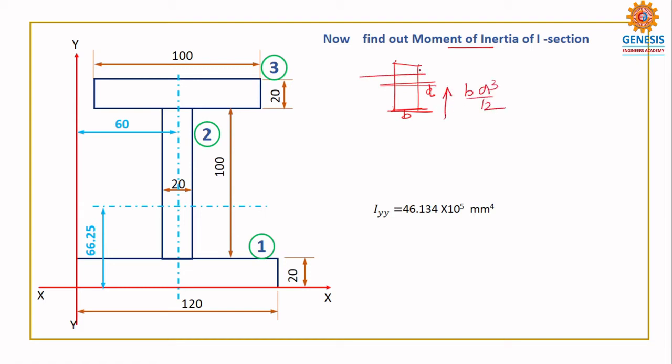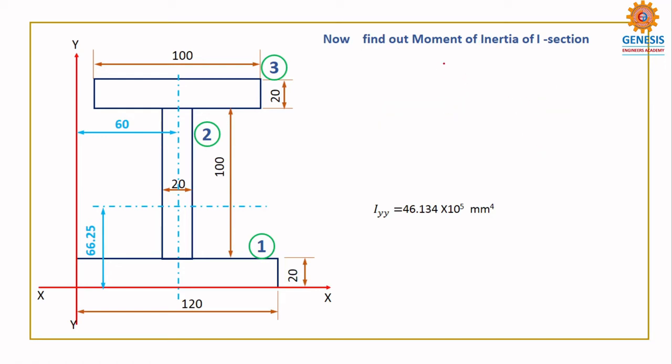If you go the other way, that is DB cube by 12. Suppose this is the x-axis and this is the y-axis. How much is it? It is BD cube by 12, that is Ixx. Iyy is DB cube by 12. Okay, so that is okay.